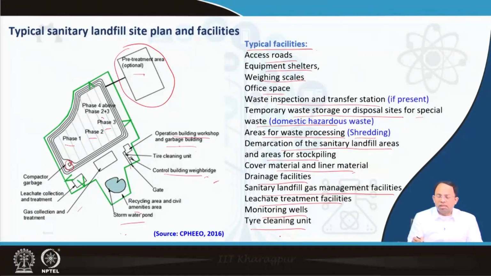Because once a vehicle moves out of the site, if the tire is dirty, it will keep spilling garbage on normal urban roads. That is not desired, so tire cleaning units are also installed. So these are the typical facilities in the landfill site. A landfill site is not only about storing waste or the volume required for waste storage, but several allied facilities also need to be accounted for.